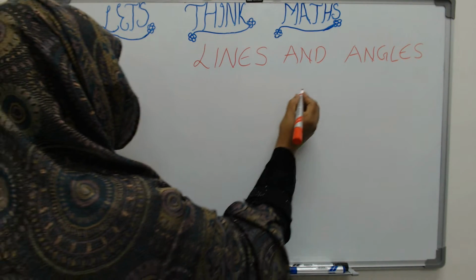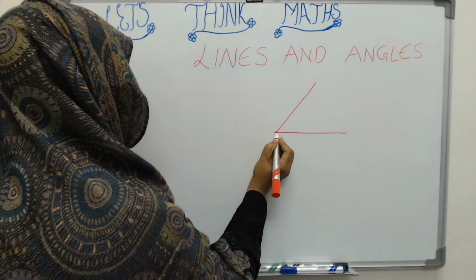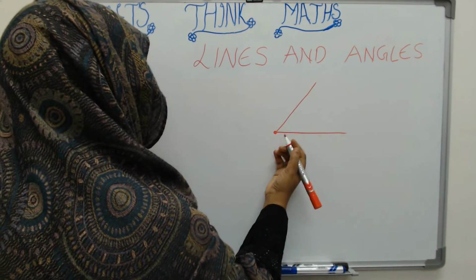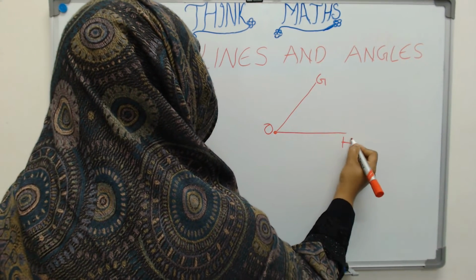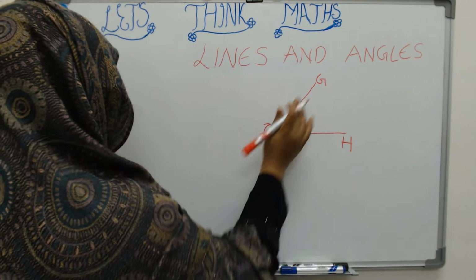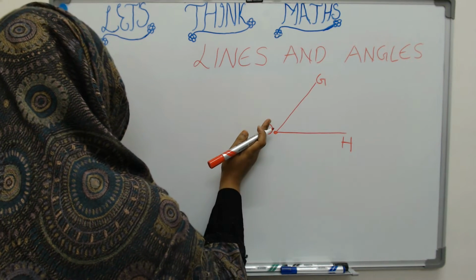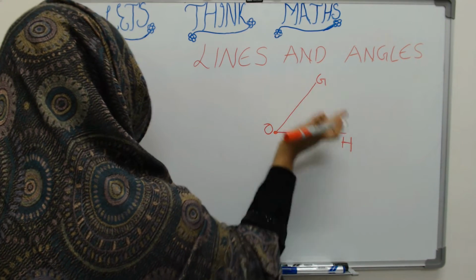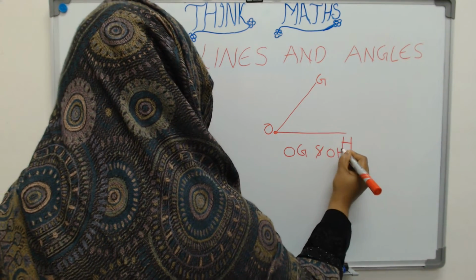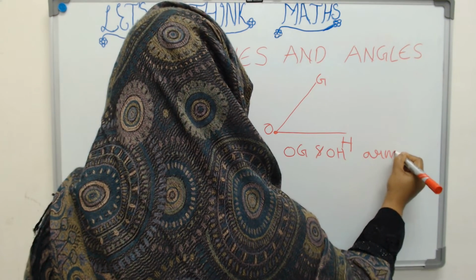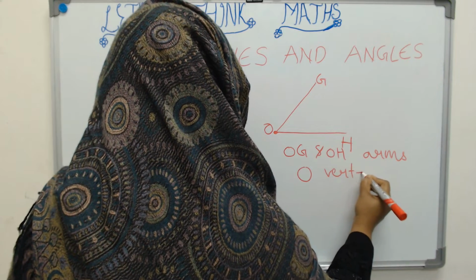Now, an angle is formed when 2 lines or line segments meet at a point. Now, suppose there are 2 line segments here. So, this point where they meet is called the vertex, and GO is an arm and OH is another arm. So, OG and OH are called the arms of an angle, and O is called the vertex of the angle.